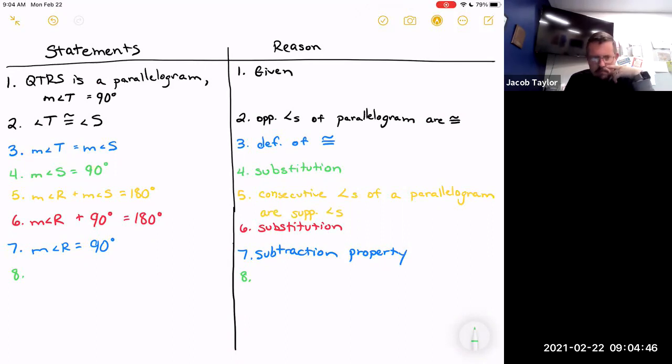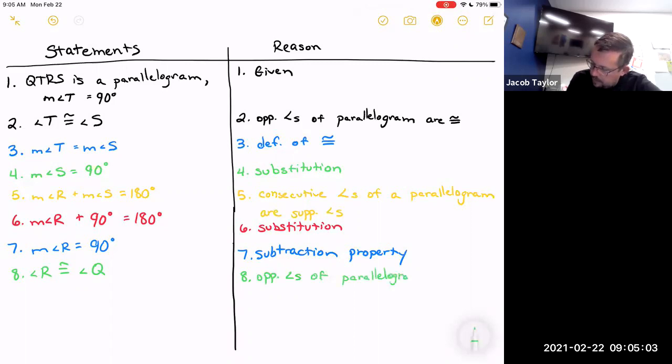I'm gonna do the opposite angles are congruent. So angle R is congruent to angle Q because opposite angles of parallelograms are congruent.